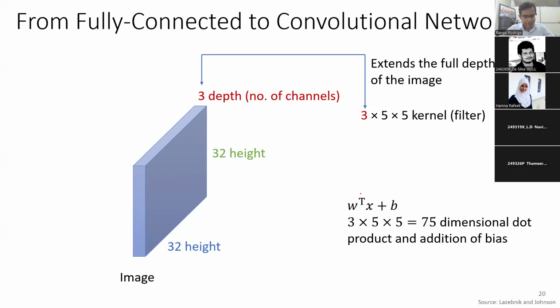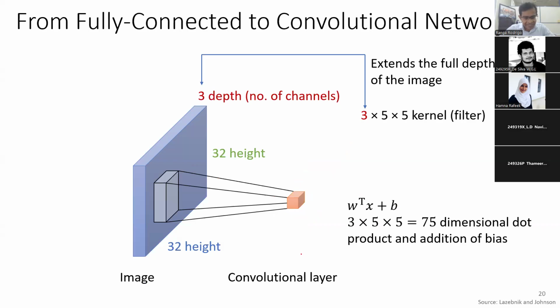So let's look at the convolution now. Here is the image. Let's consider this as 32 height and 32 width, and the depth is 3. That means it has RGB, 3 channels. Now this is our kernel.